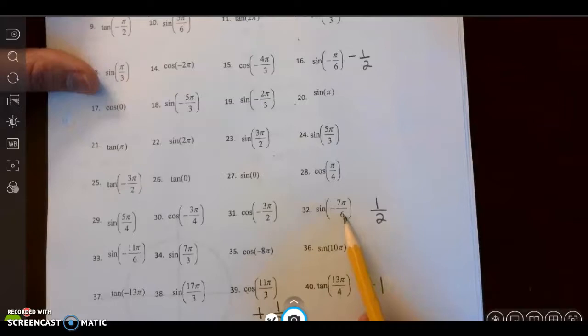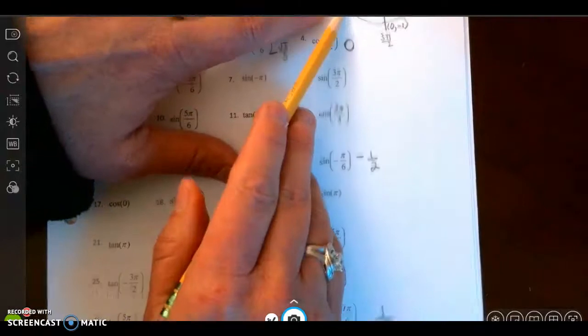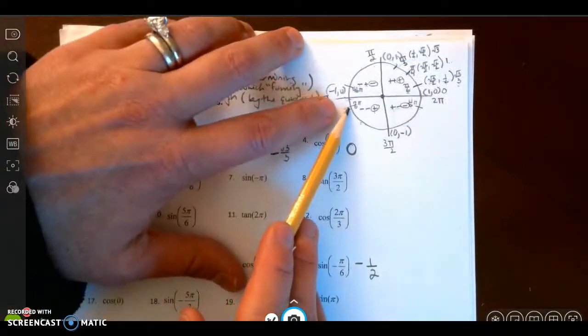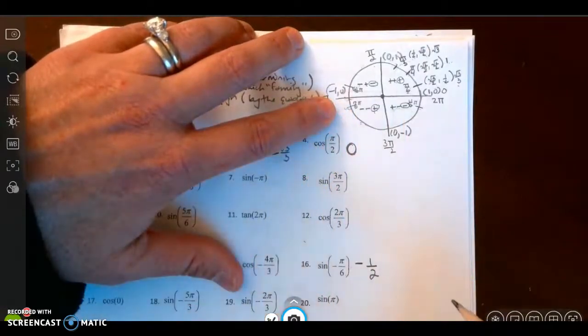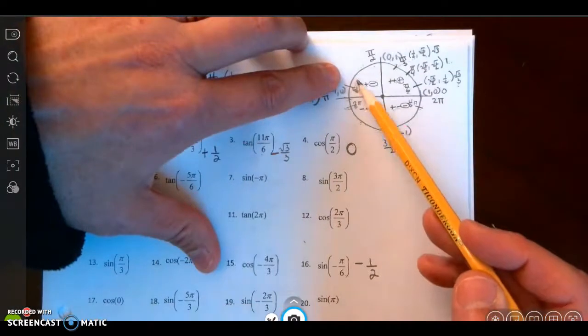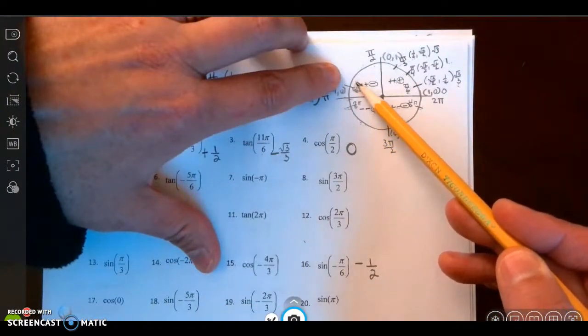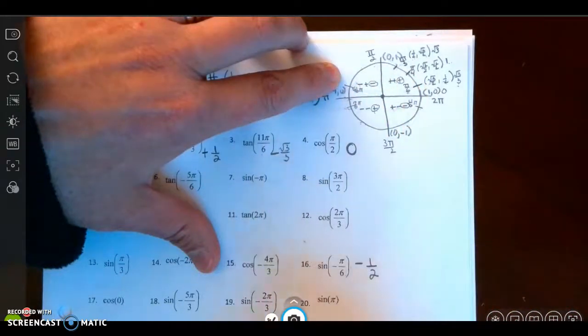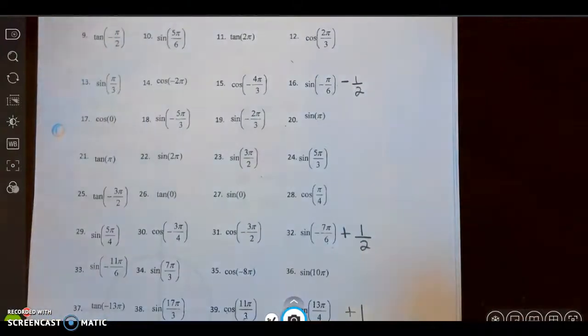I know that 7 pi over 6 is right here, which means negative 7 pi over 6. Remember, theta and opposite of theta are above and below, so it's going to be up here in this quadrant. And what am I looking at? Sine is the y coordinate right here, is positive, so number 32 is a positive 1/2.